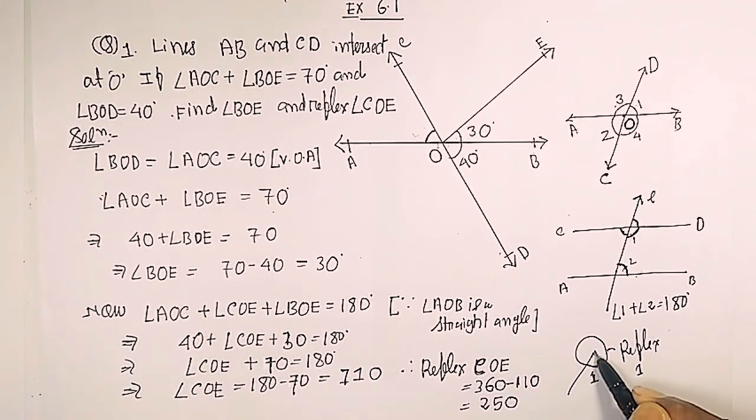We know that about any point, the total angle is 360. If it is 1, the remaining should be 360 degrees minus 1. This is reflex 1.